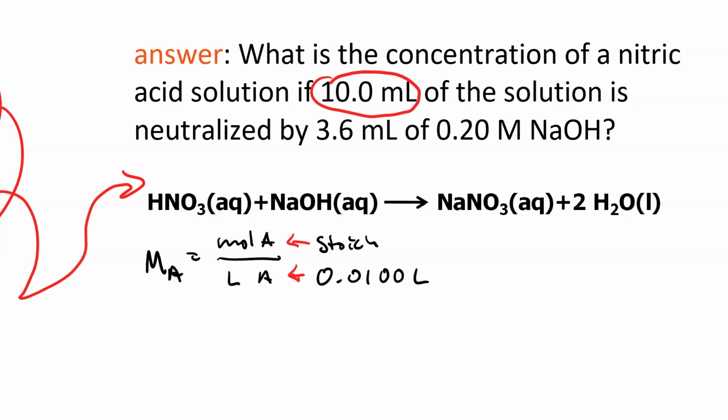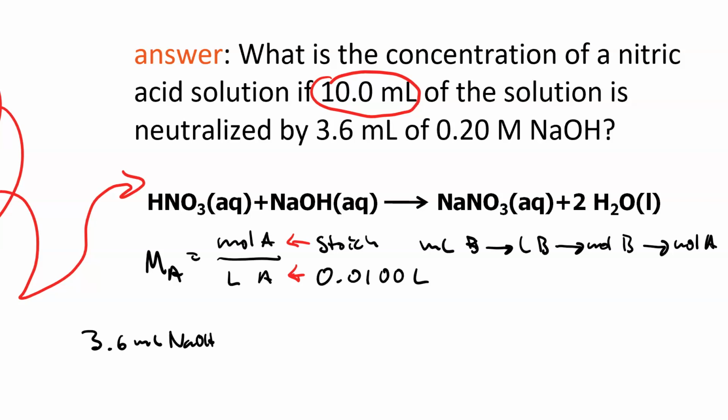So let's do the stoichiometry. It's going to look like milliliters of base, convert to liters, convert to moles of base, convert to moles of acid. With the actual numbers, I have 3.6 milliliters of NaOH.